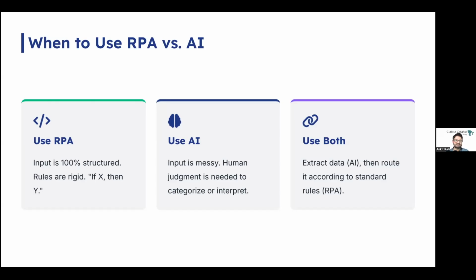If the answer is yes, you can use RPA. It's perfect for this. But if the answer is no, you should use AI. You have too many rules to maintain, so AI can come into the picture. And if you have data which is unstructured, like emails, documents, images, in that case, Gen AI automation can come into the picture.